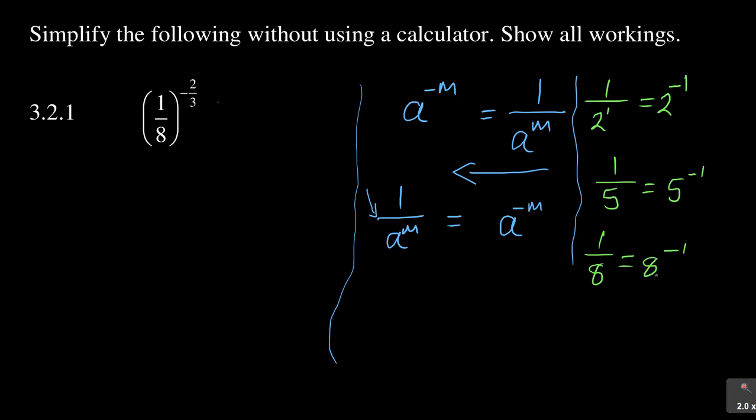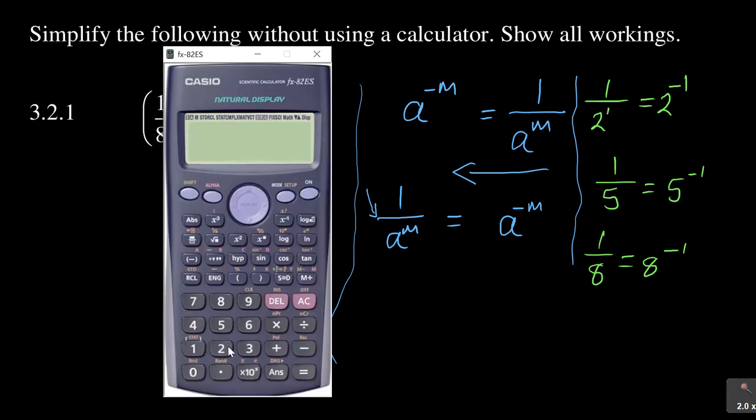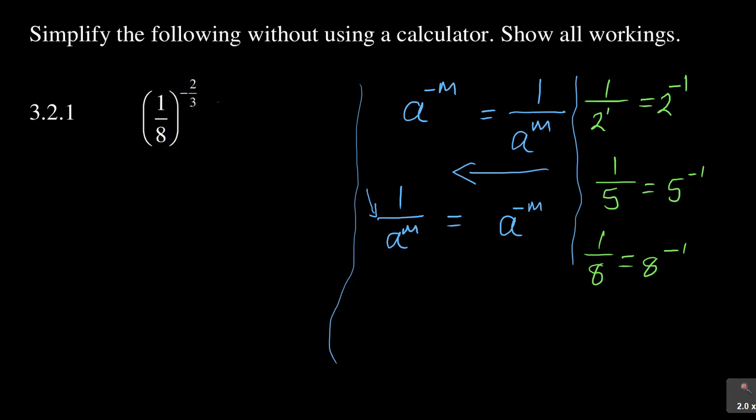Even our 8, if I want to use the law here, you remember that 8 is actually 2 to the power of 3. If I say 2 to the exponent 3, it is 8. So I can take this law down exactly as it is to say 1 over 8 is equal to 1 over 2 to the power of 3.